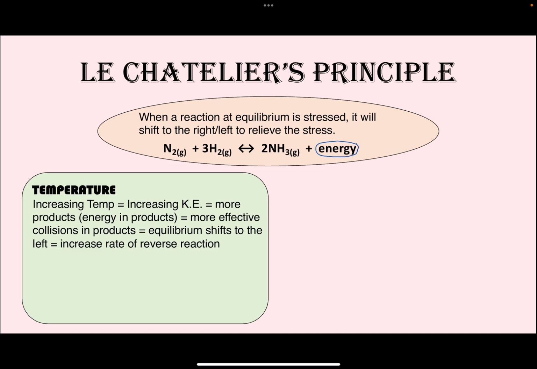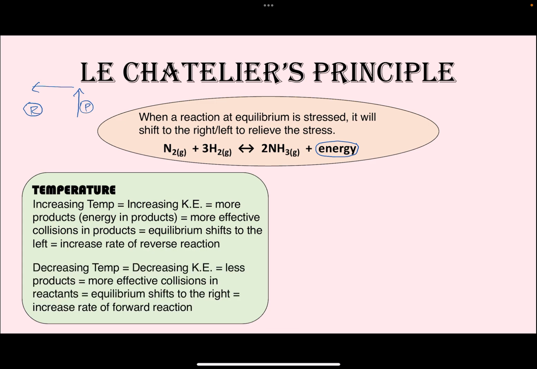So an easier way to work with this problem is once again to use our hand model and say that this is our reactant, this is our product. If we are increasing the temperature, we are technically adding more energy to the product side. So the reaction is going to go to the left, meaning it's going to increase the rate of the reverse reaction. This is a much easier way to come up with the correct answer.